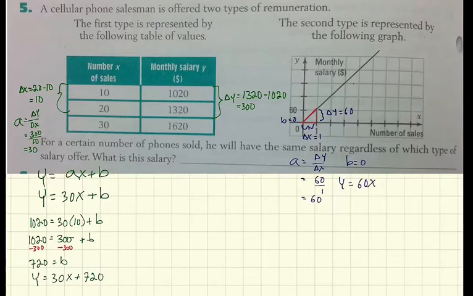So we have 2 equations, and we want to find when they're making the same salary. I'm just going to use replacement. I'm going to replace the Y in the first equation with 60X. Does that make sense? I'm going to take these 2 equations and put them together, and say that 60X is equal to 30X plus 720.